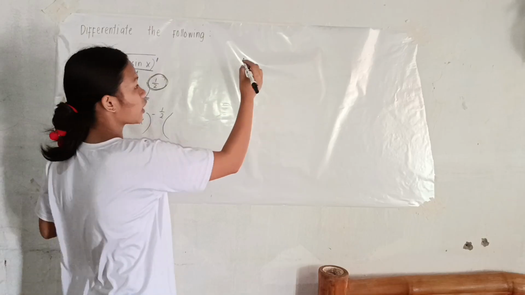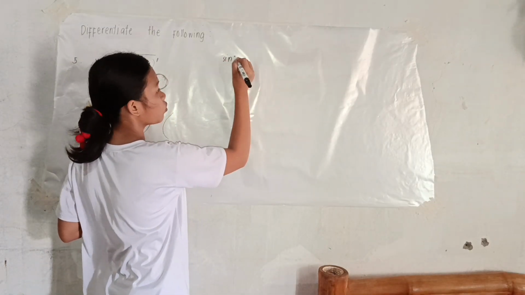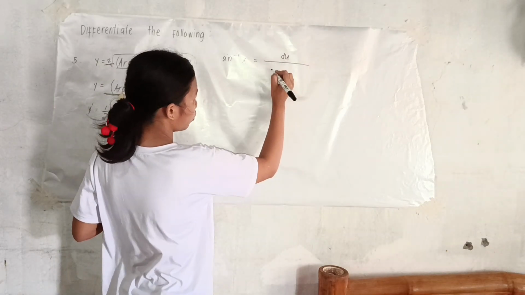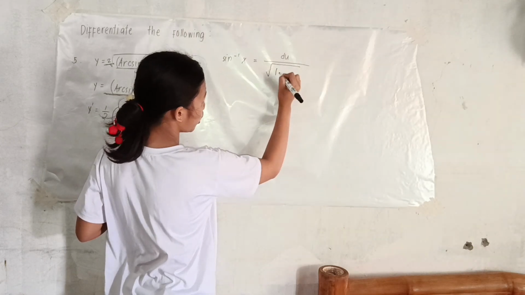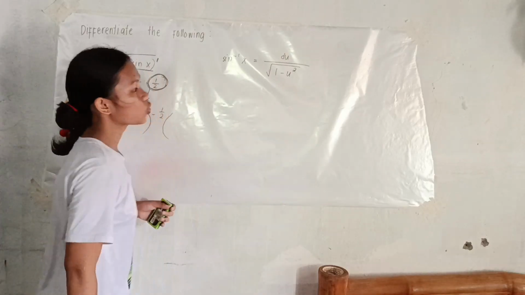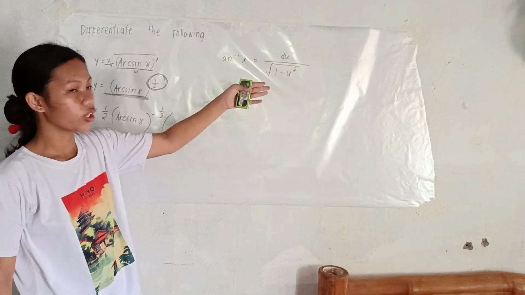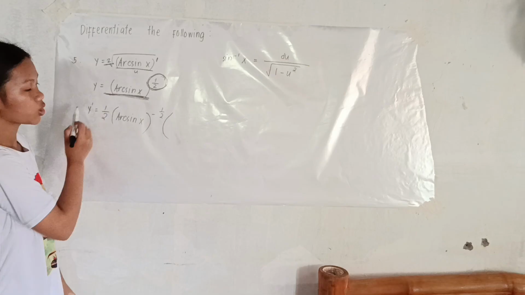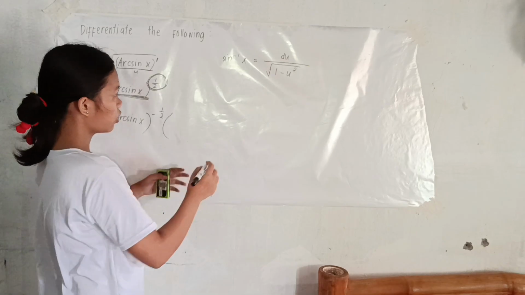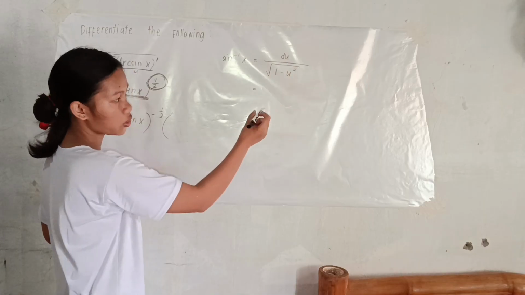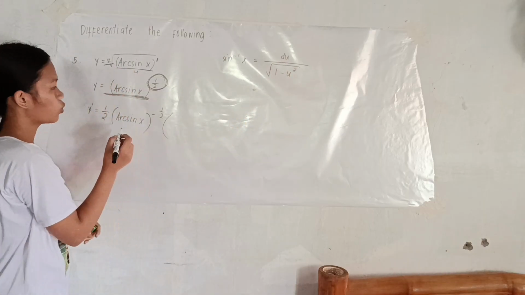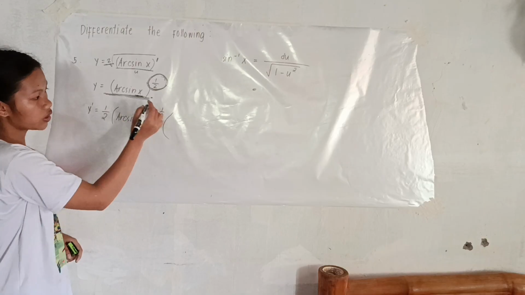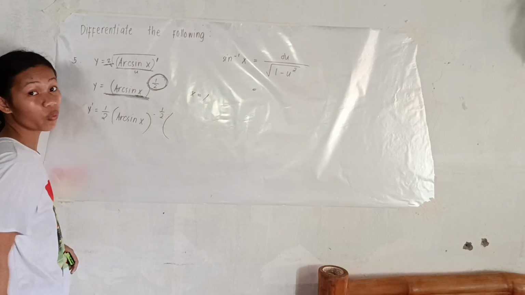The derivative of sine negative 1 of u is du all over the square root of 1 minus u squared. We use this formula whenever we differentiate inverse trig functions. The numerator is the derivative of u. In arcsine x, u is x, so the derivative of x is equal to 1.